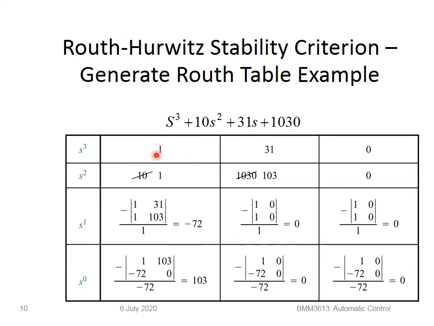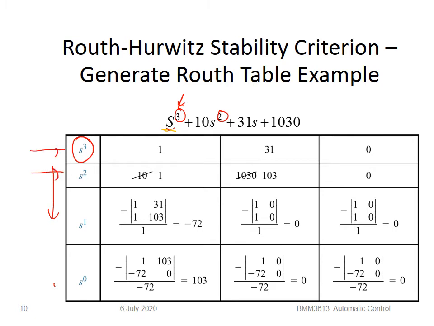Let me change to a red pen. The highest power is cube, so we start the table with s cubed, and then it goes decreasingly from s cubed to s to the power 0.